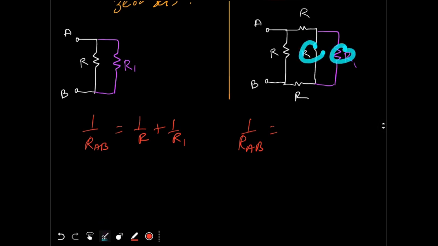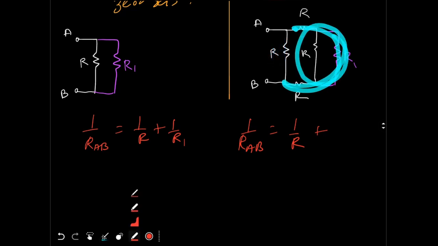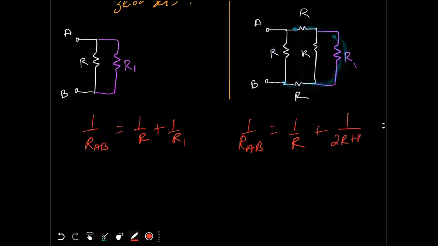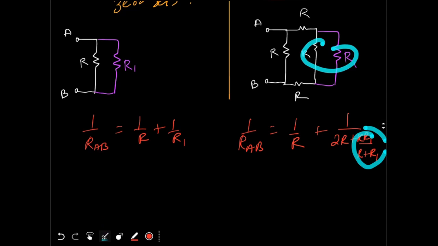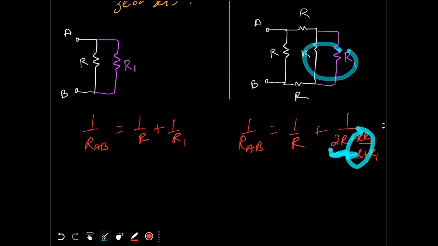These two are parallel to each other, so this combination will be R1 by R plus R1, and this combination is in series with these two. That is, I could simply say 2R. So 1 by R plus 1 by R for this, plus for this whole branch we get 1 by 2R plus R1 by R plus R1. R and R1 will give me this value, and then these two are in series with this combination, so that's why I get this value.